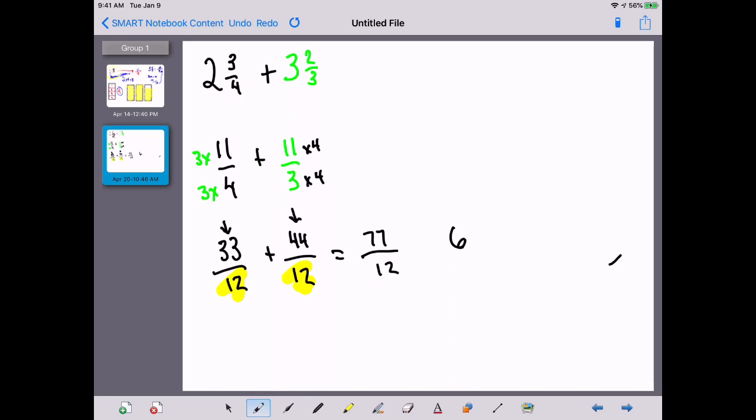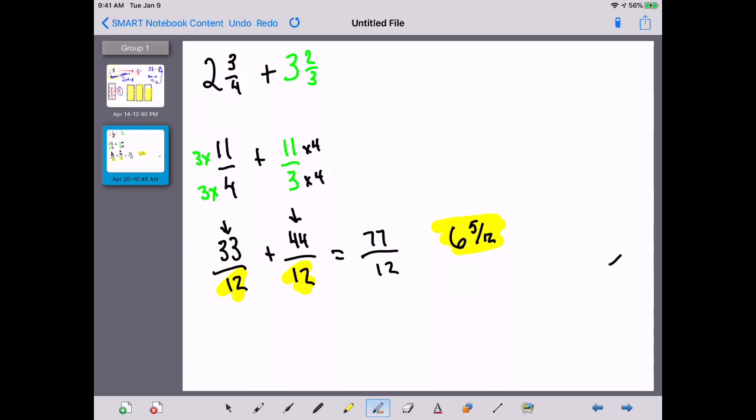So that means I would have 5 pieces left over. And again, it still takes 12 pieces to make a whole item. So in this case, if I took 2 3/4 and I added 3 2/3, I would actually get 6 5/12 as a total.